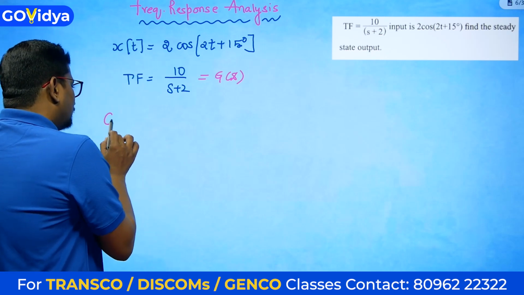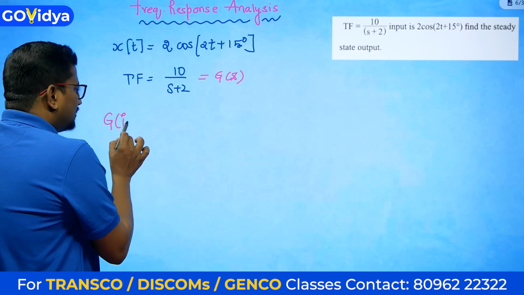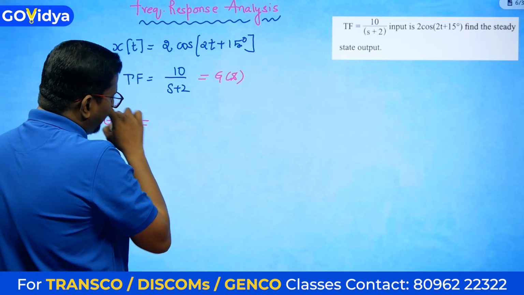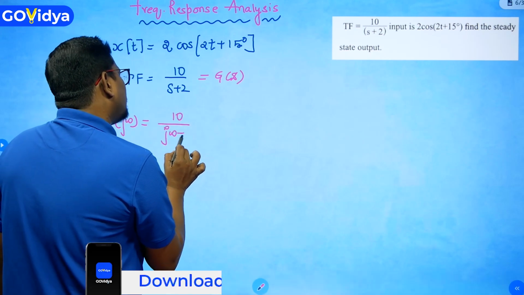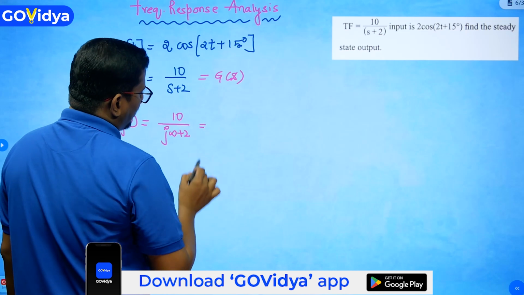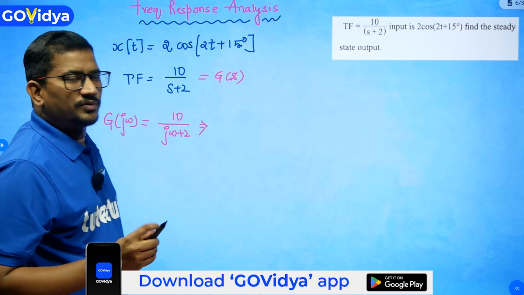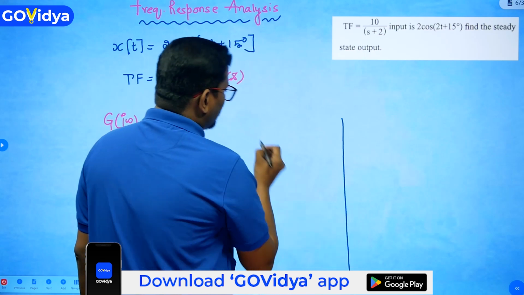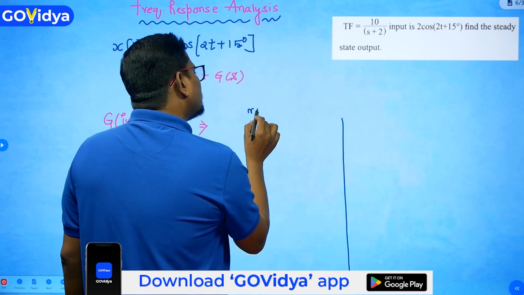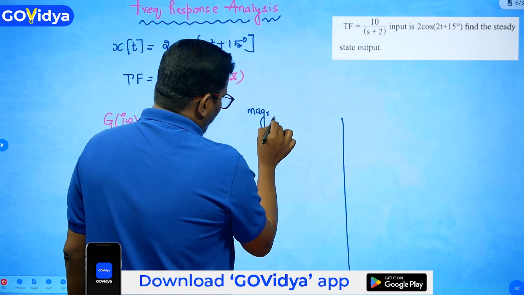So now, in place of s, I am putting j omega: 10 by j omega plus 2. From this, first I am going to calculate the magnitude.